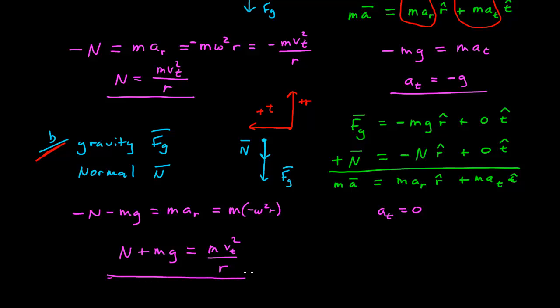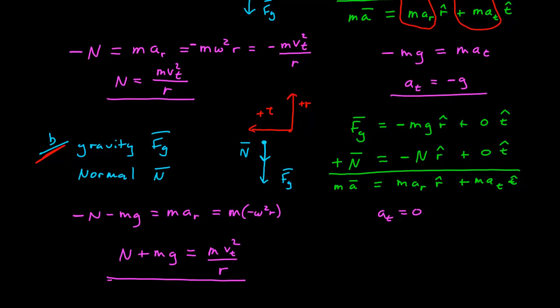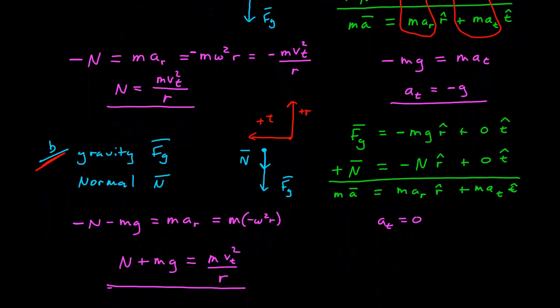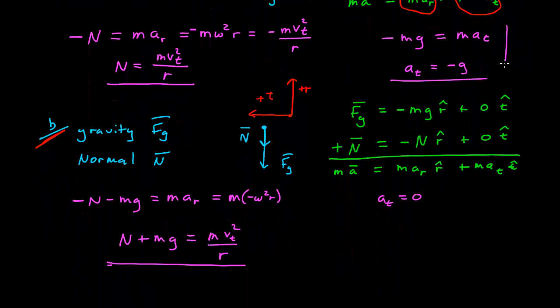But this now is the relationship between the parameters. At the top, everything is along the radial axis, whereas at point A, the force due to gravity was giving us a tangential acceleration, while it was only the normal force which was providing the centripetal acceleration.